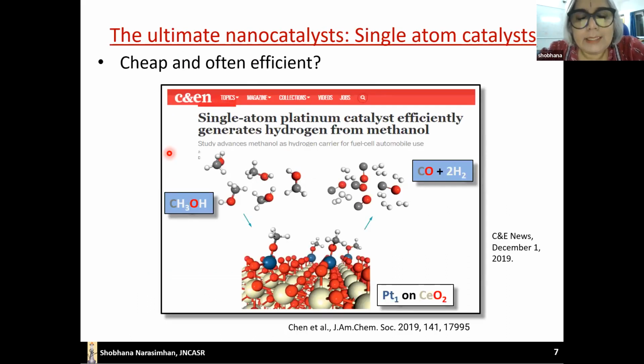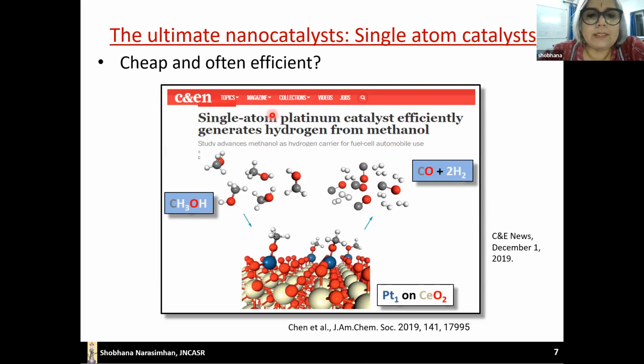And ultimately, the smallest catalyst that you can have is a single particle. So you have a single atom catalyst, and this is, of course, a very hot and exciting field these days. I've just taken one example from the literature.